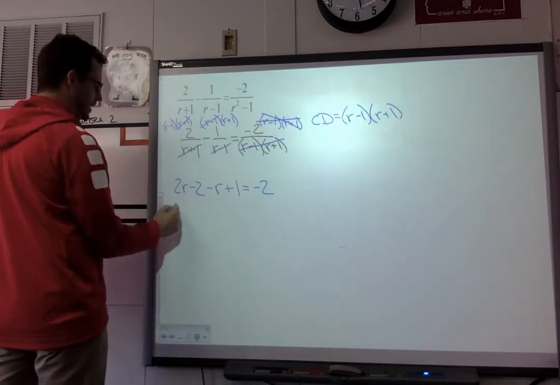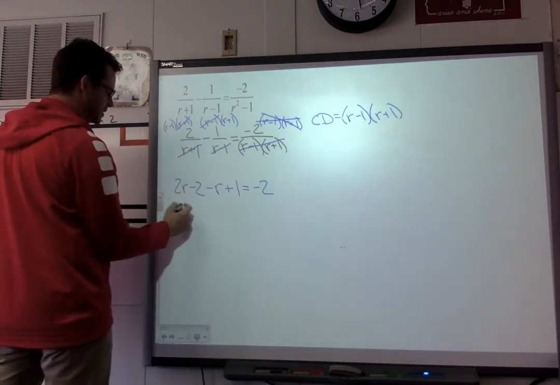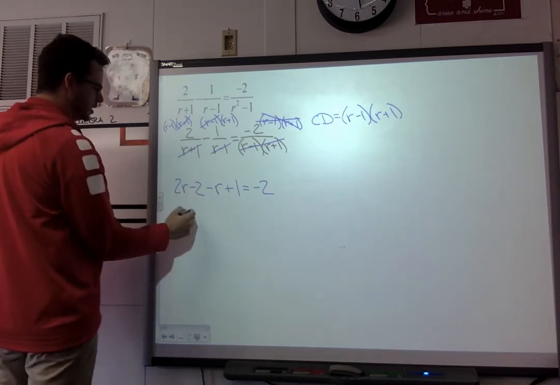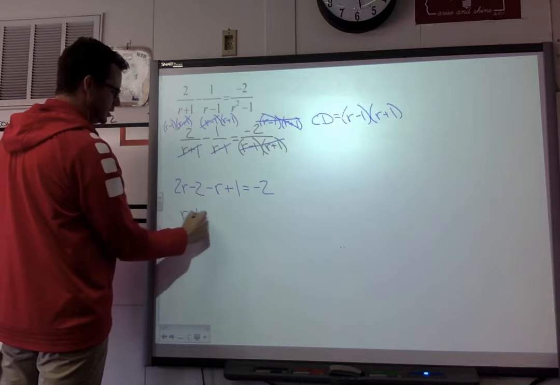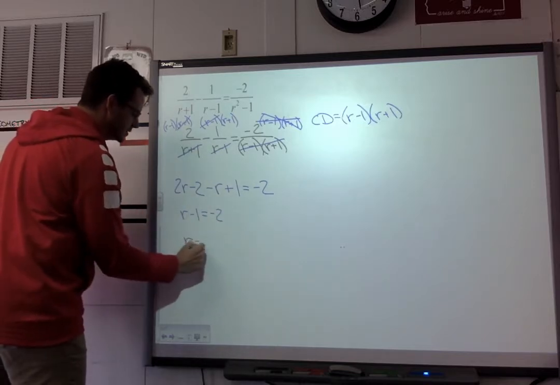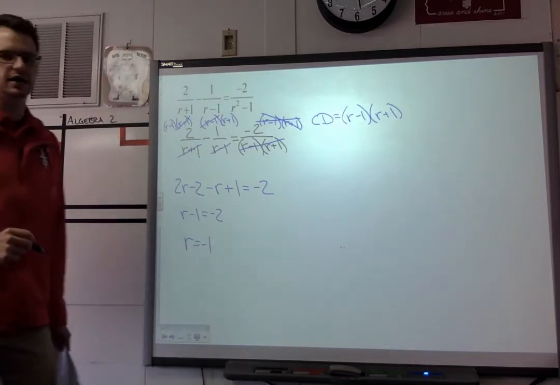So now if I combine my like terms, 2r minus r gives me r, negative 2 plus 1 gives me negative 1 equals negative 2. Add 1 to both sides. I get r equals negative 1.